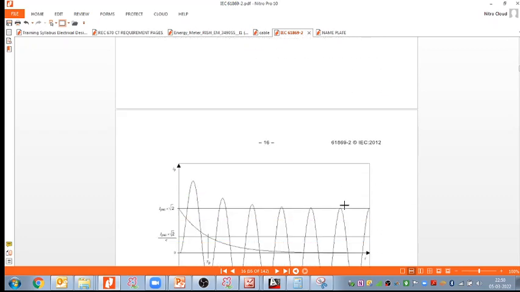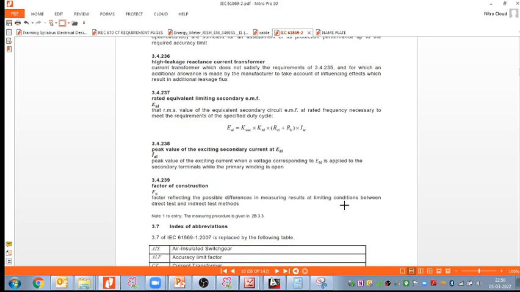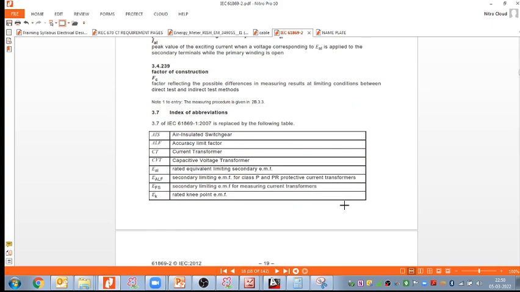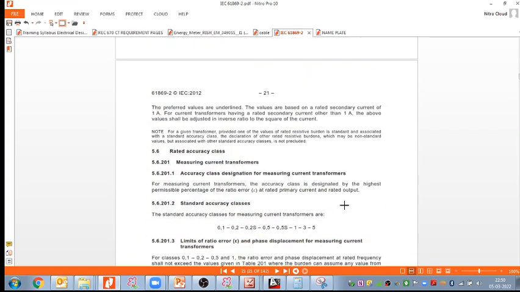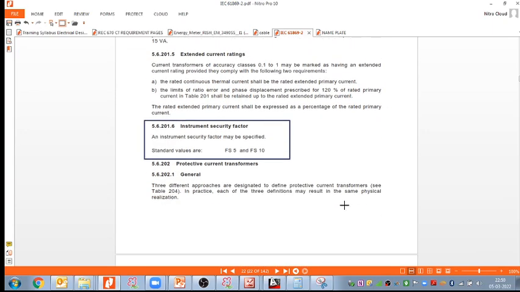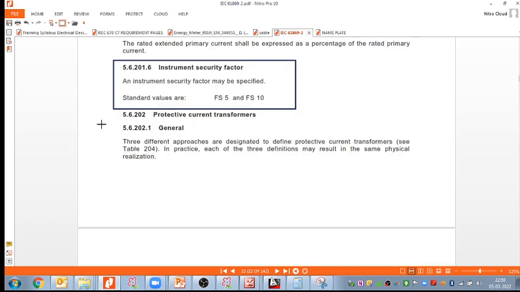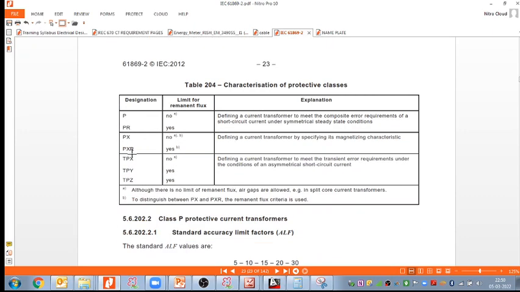Coming to the IEC standard, this is the metering core, and then protective current transformer. PX, you can see, is defining current. So PX, TPY, that you can see here. For the transient case we go with TPX, TPY and TPZ.